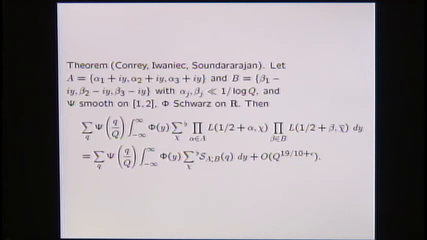And with Ivanets and Sound, we did an average over the primitive characters chi mod q, but then summed over q's, with a very innocuous integration over the y's.